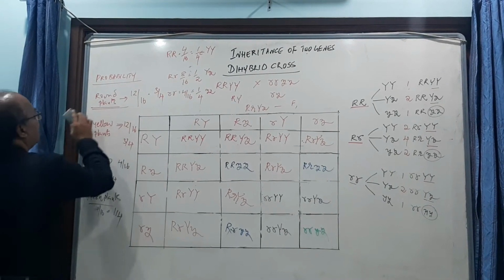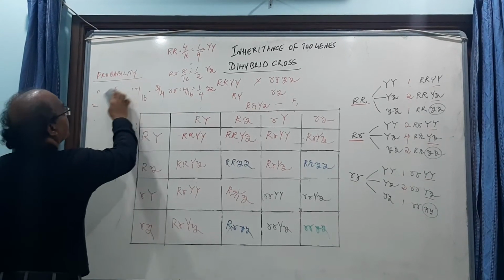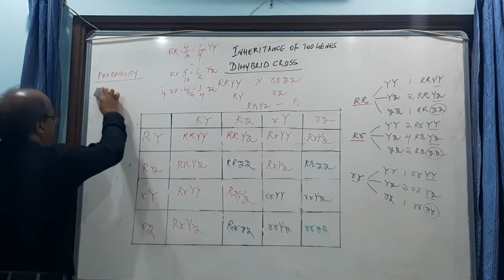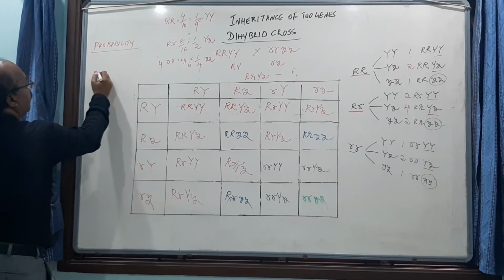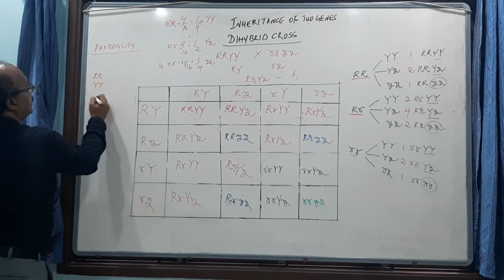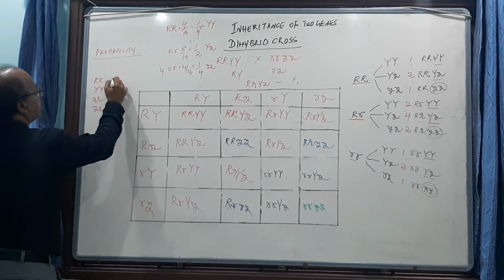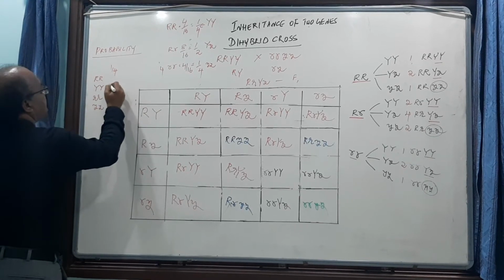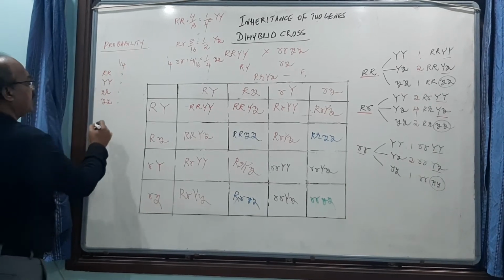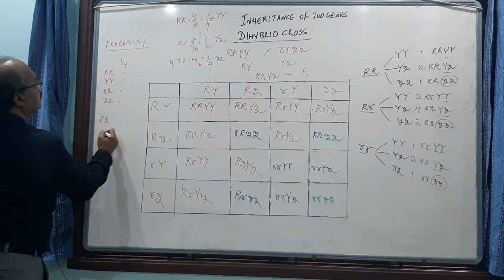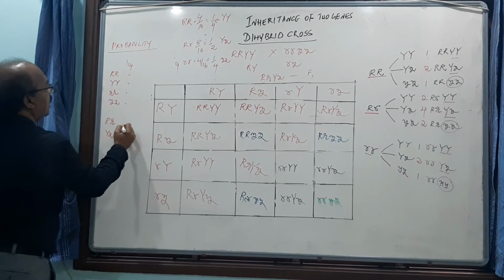What is the probability of getting capital R, capital R, capital Y, capital Y, small r, small r, small y, small y? It is always 1/4. What is the probability of getting capital R, small r or capital Y, small y? Half.